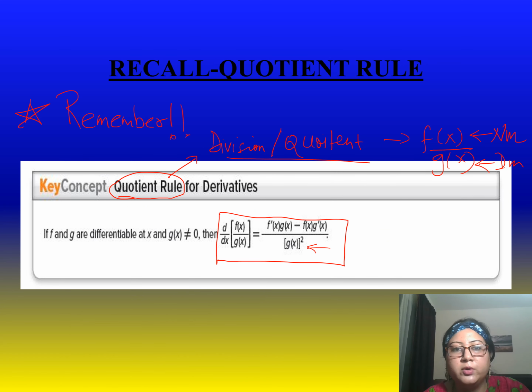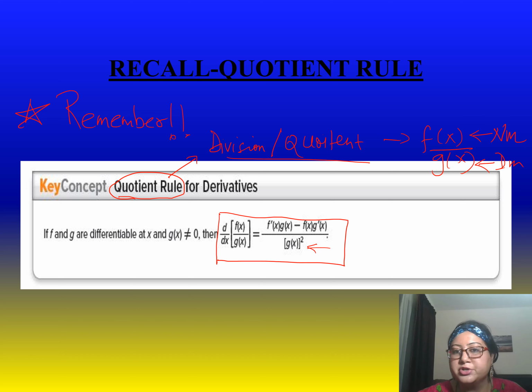Again, now I would want you to recall and remember another very important rule of differentiation, which is called the quotient rule. And as the name suggests, this rule is going to be applicable in a derivative question when you have division or you have the quotient given in the question. So if you have, for example, a function of the form f(x) divided by g(x), which has a numerator and a denominator.